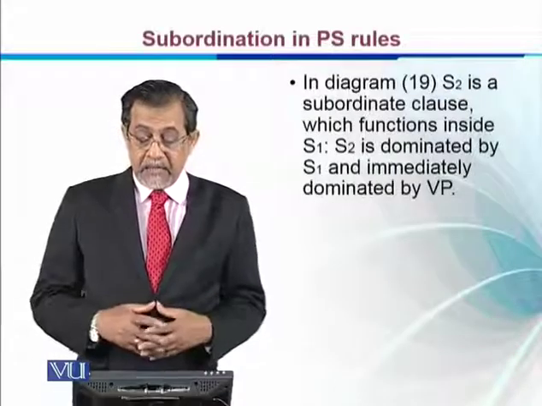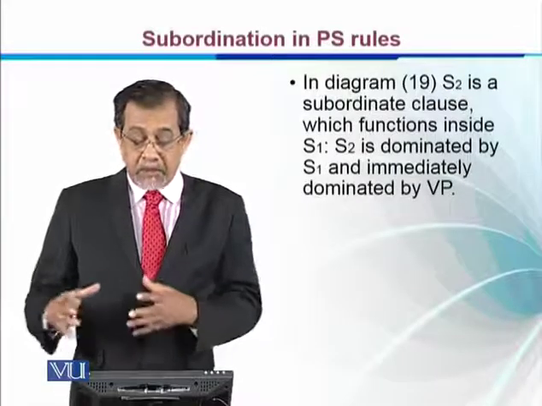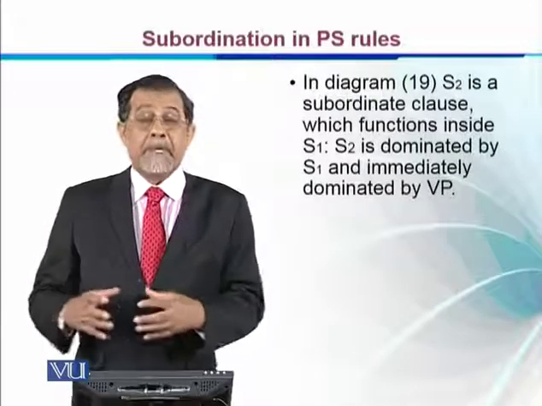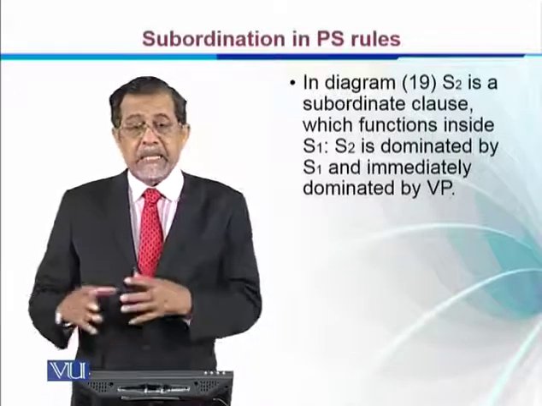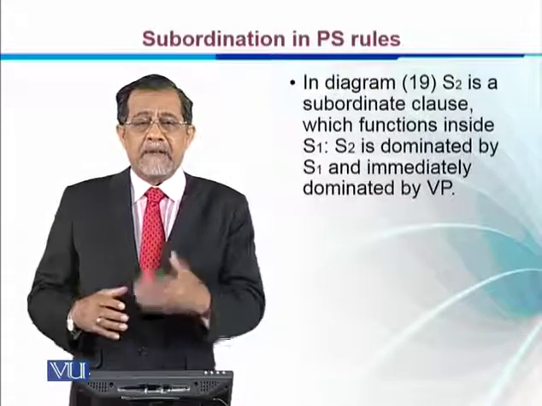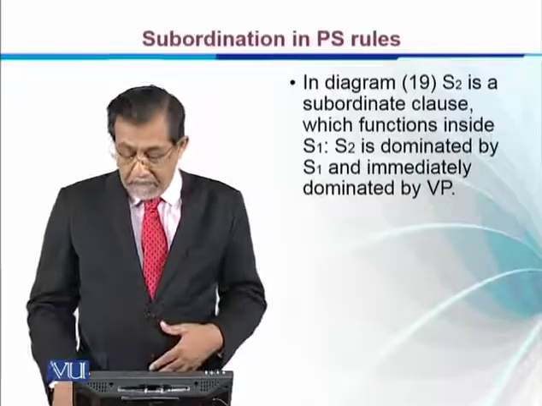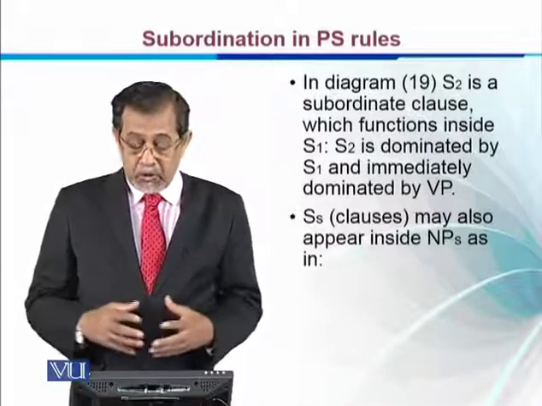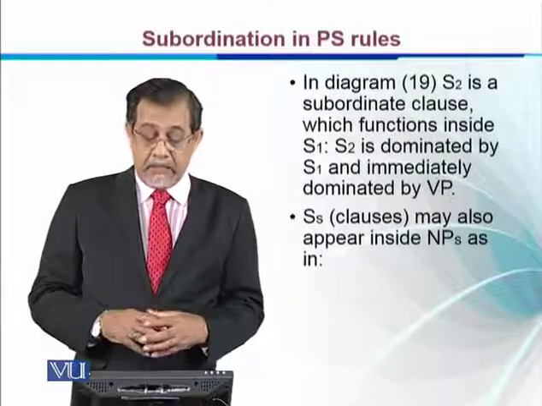So in diagram 9, S2 is a subordinate clause which functions inside S1. S2 is dominated by S1 and immediately dominated by VP because it comes under VP, right? S clauses may also appear inside a noun phrase.